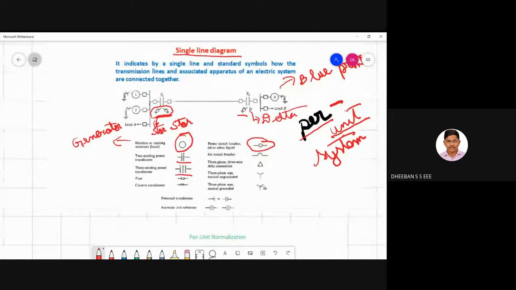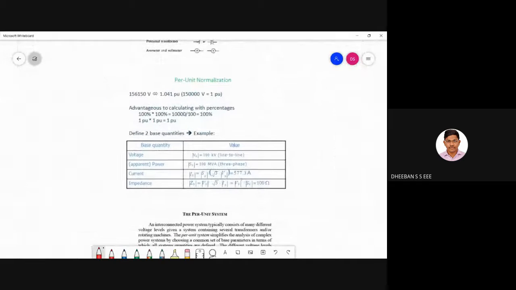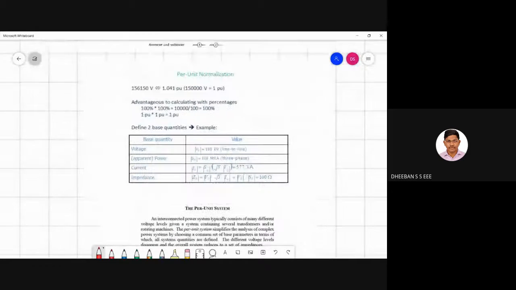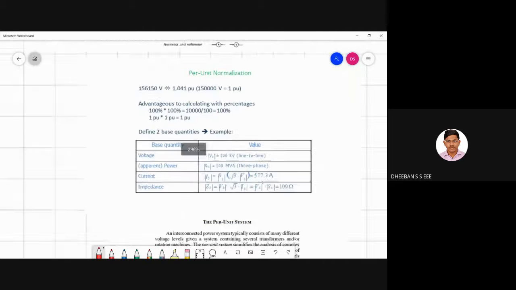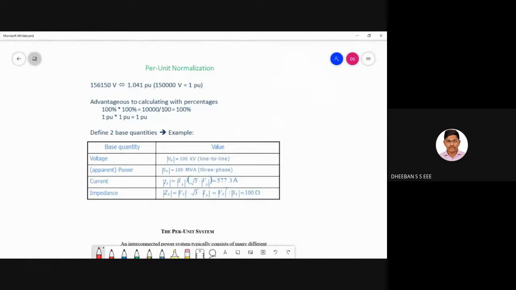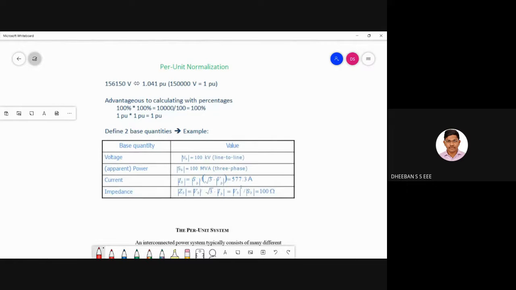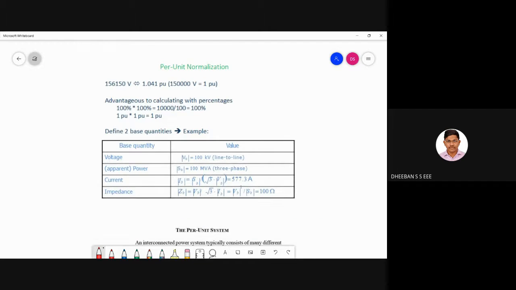Now we'll move to the next important topic, per unit normalization. What do you mean by per unit? Has anybody heard about this per unit system before, or are you hearing this as a new word? Here they have given, this represents per unit normalization. So what is meant by normalization?